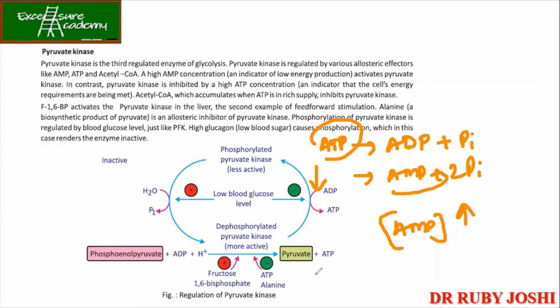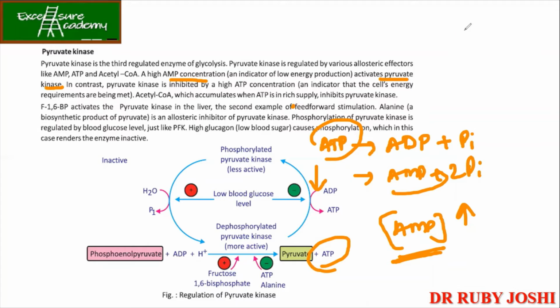But pyruvate kinase helps in the formation of ATP. So when there is an increased concentration of AMP, it means the cell in the cytoplasm needs more ATP, so it is going to activate pyruvate kinase more. Now it is clear? Yes, ma'am. A high AMP concentration activates pyruvate kinase.